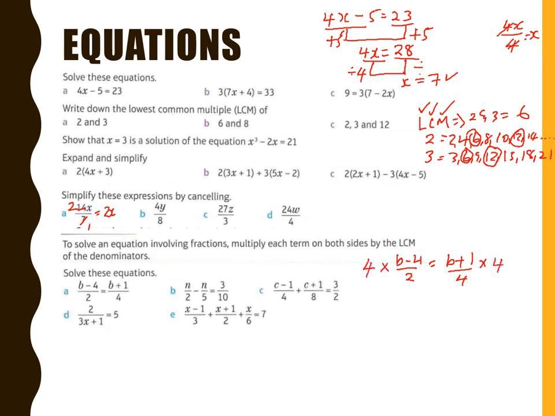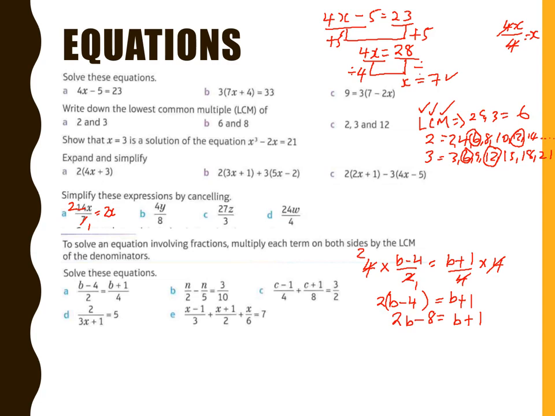Remember, same thing. This cancels out, but this one is 1 and this one is 2. So I end up with 2b minus 4 equals b plus 1. Expand this bracket. So 2b minus 8 equals b plus 1.